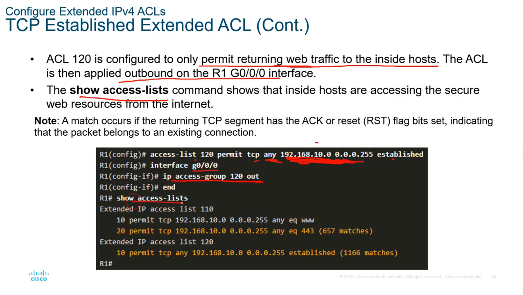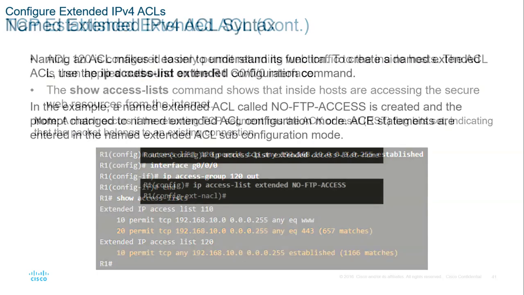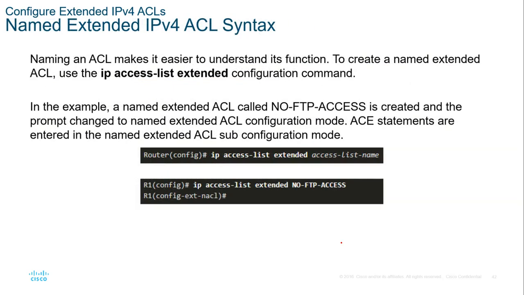Show this: we have the internet, World Wide Web, then HTTPS. Then there is the extended IP access list 120. We have 10 here and 20 here, and then established, any established.